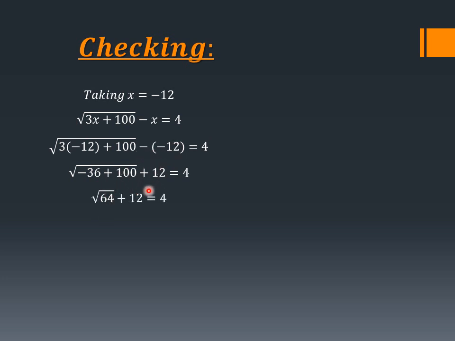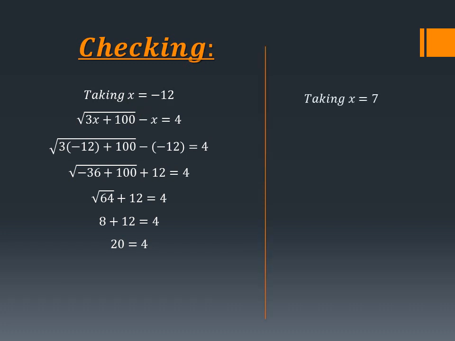Minus into minus is plus 12 equals to 4. The root of 64 is 8, so 8 plus 12 is 20, not 4. So x equals to minus 12 is not the actual answer of our given equation, so we will say that minus 12 is the extraneous root.